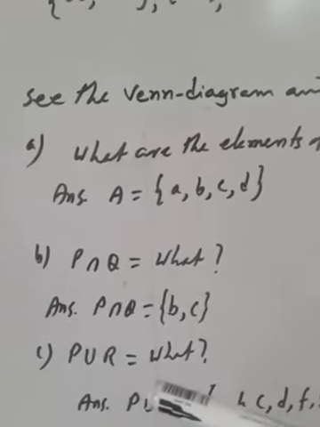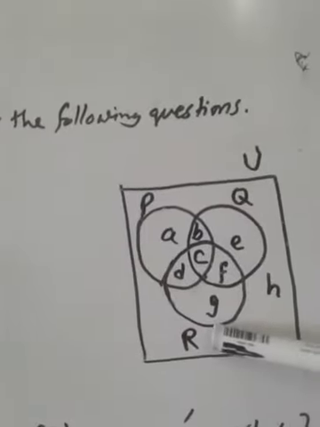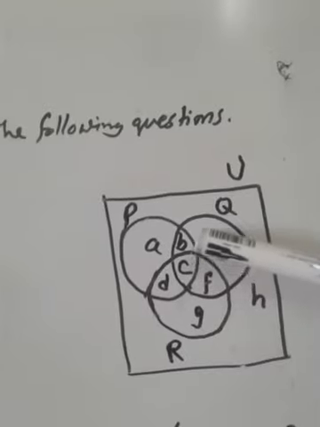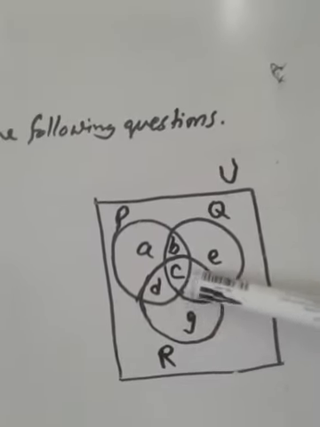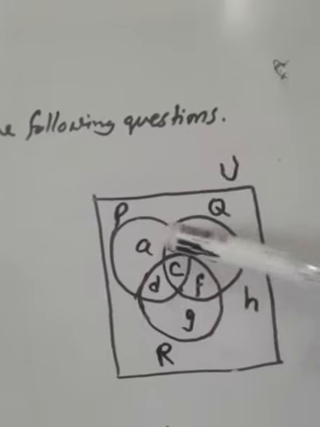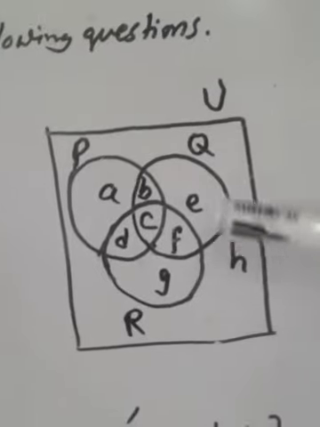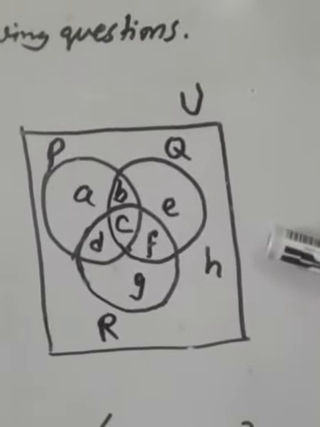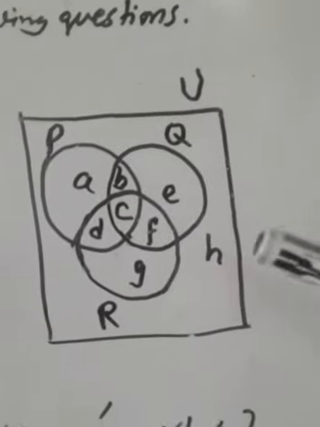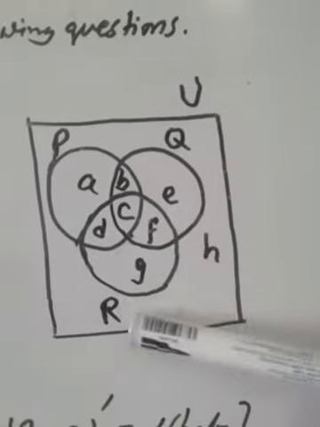Another one: P union R equals what? This is set P, this is set R. In P we are getting A, B, C, D, and in R we are getting C, D, F, G. Therefore, P union R excludes E and H, which are outside the P and R circles.